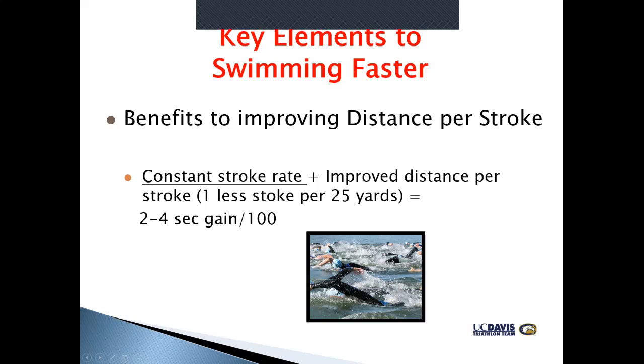So if you're dropping from 21 to 20 per length and your rate, let's say, is 70 per minute, and if you can maintain that 70 per minute, even though you reduce the number of strokes per length, then you could definitely see some significant gains. So it's very important that these changes are made to your distance per stroke, but that they are also coupled with the stroke rate in order to make your improvements.